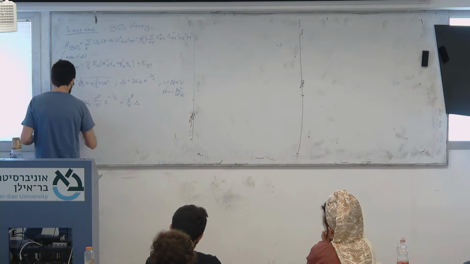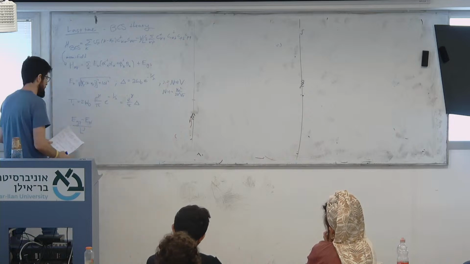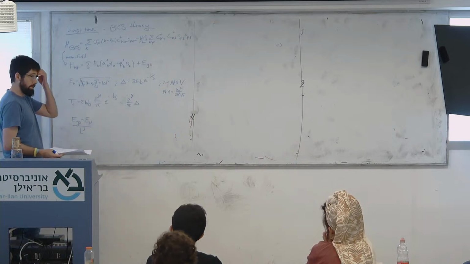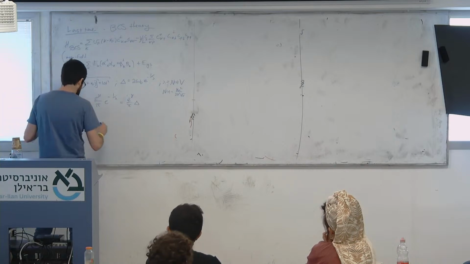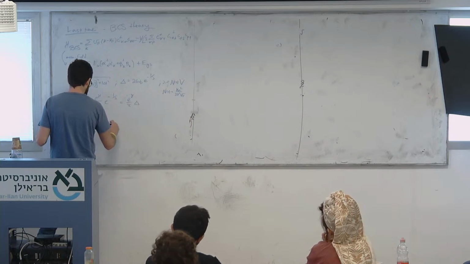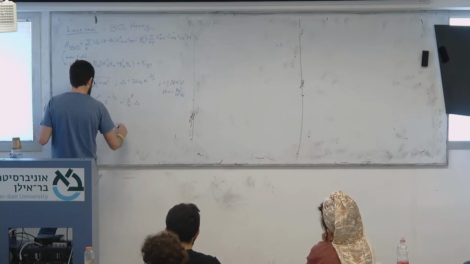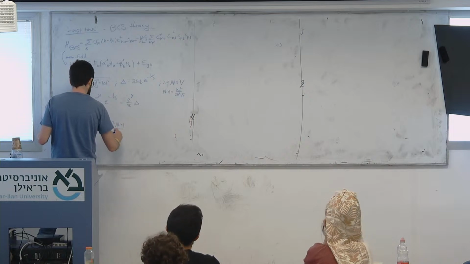We saw that E ground state minus E normal divided by L cubed, which is the energy density of the condensate, is equal to minus N of 0 divided by 2. It's negative, of course, otherwise the superconductor wouldn't form.